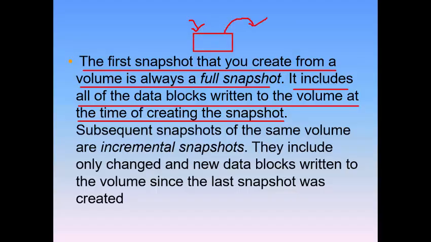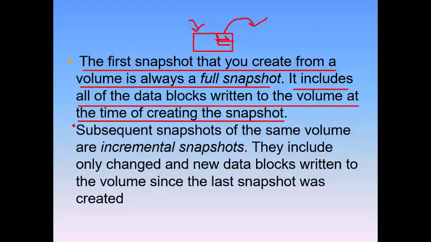After that, if you keep writing some data here, it will not come into the backup. So be very careful. Next time when you take the snapshot, that data will come.